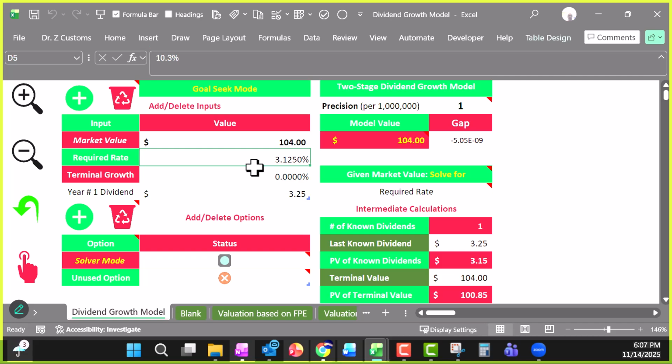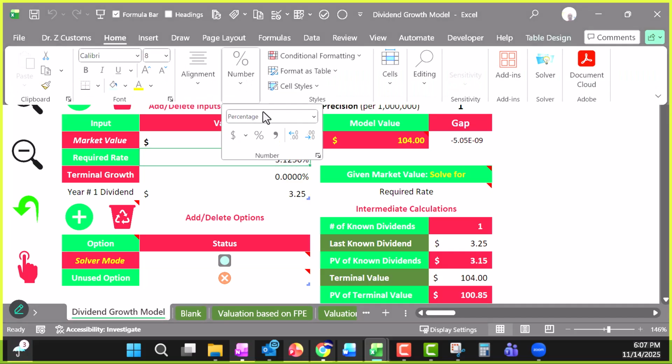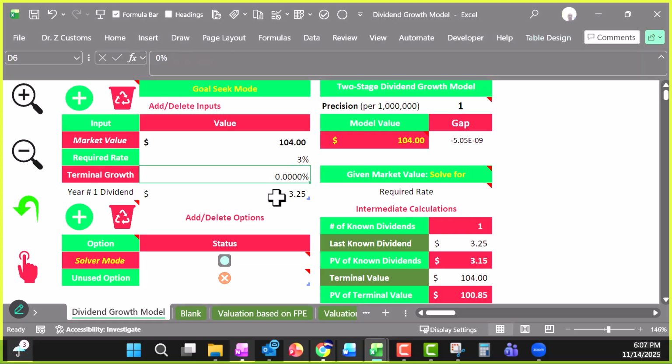Remember, adding some extra digits to your display never kills you. In fact, it never harms you at all. But if you simply leave this like this, remember, this is going to be a multiple choice exam. Some of the answers will be 3%, some of them 3.25, whatever it is.